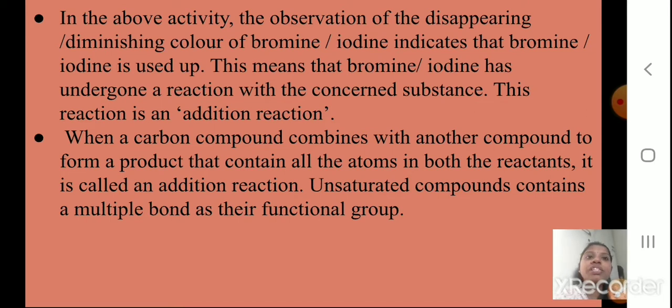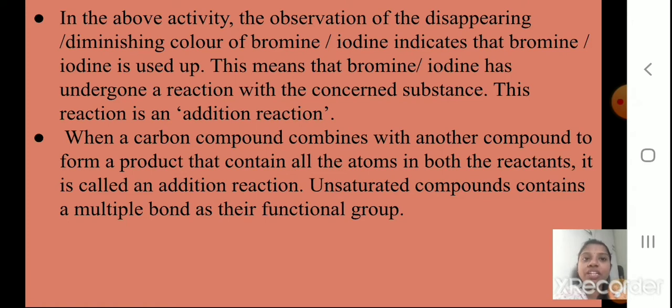This means that bromine or iodine has undergone a reaction with the oil or substance we have taken. This reaction is called an addition reaction. When a carbon compound combines with another compound to form a product that contains all the atoms in both the reactants, it is called an addition reaction, students.